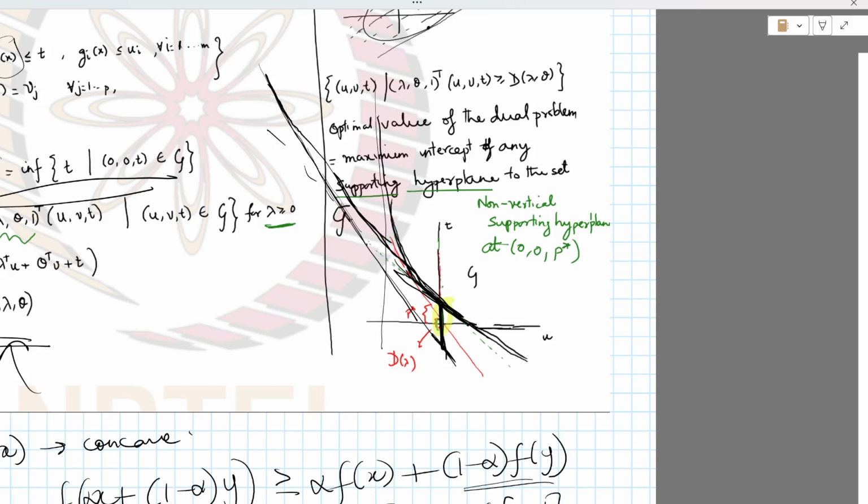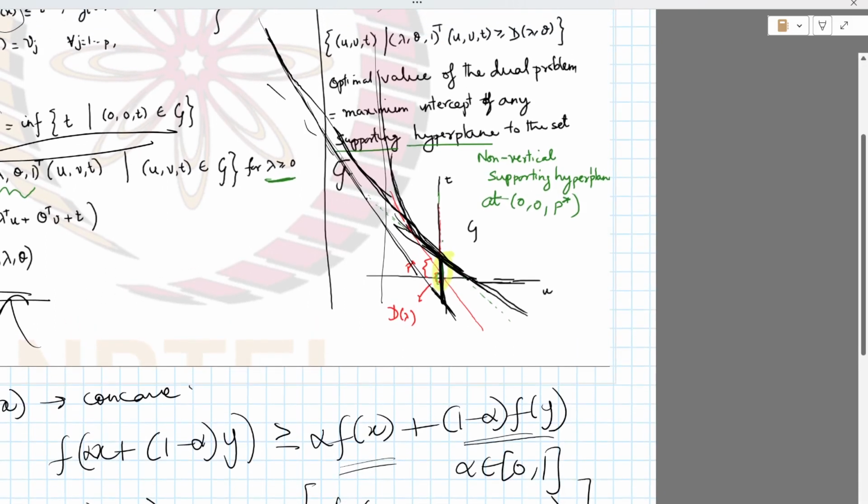I think that is not possible because D is concave. D is concave, right? Yeah, makes sense.